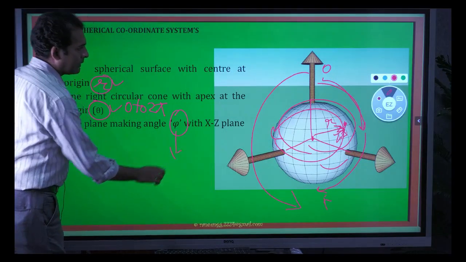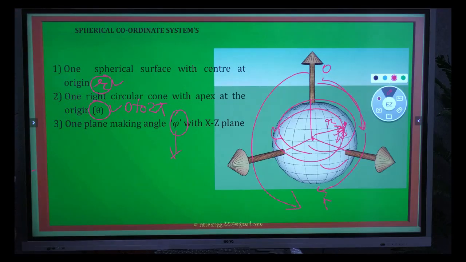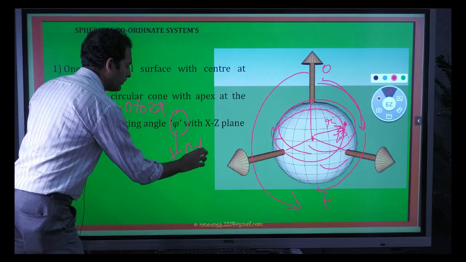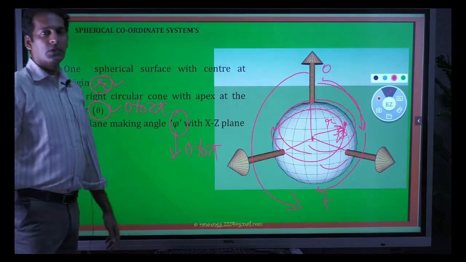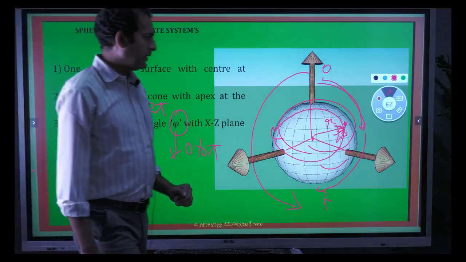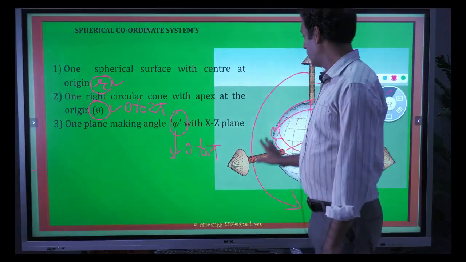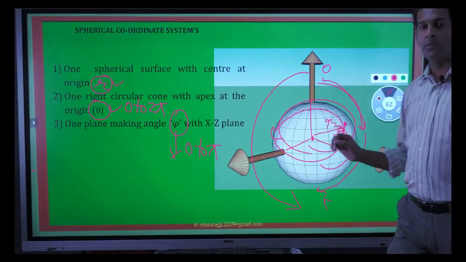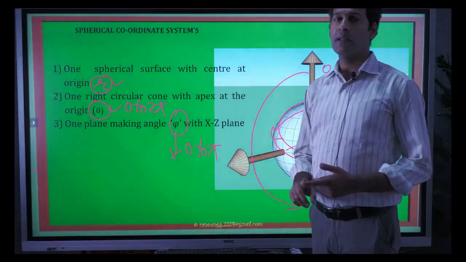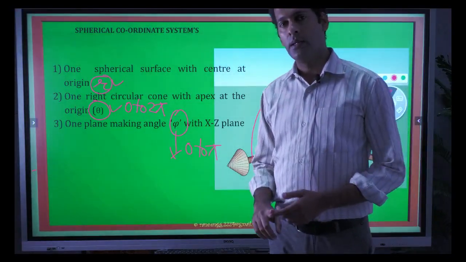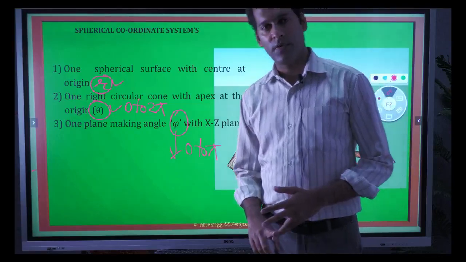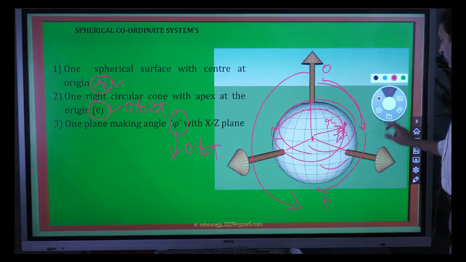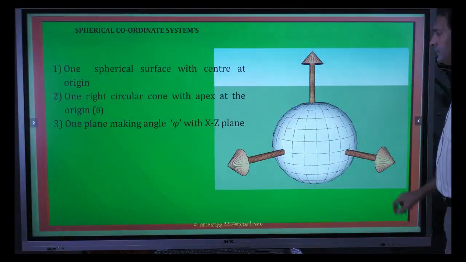Angle phi is for the complete half circle, so on either side it will be 0 to pi. So these will be the limits for these 3 axes. So we have a sphere, and to find a given point P in the sphere we require 3 values: r, theta and phi. So let us move ahead.